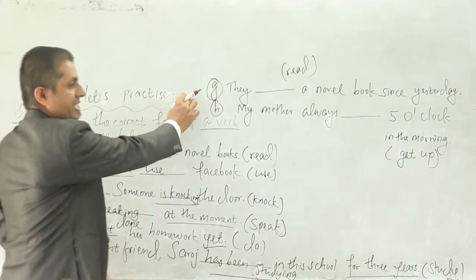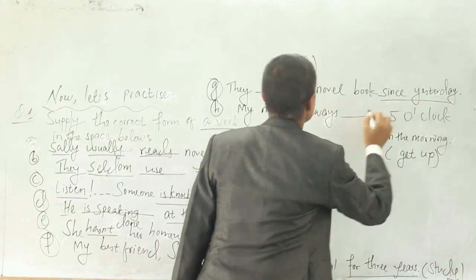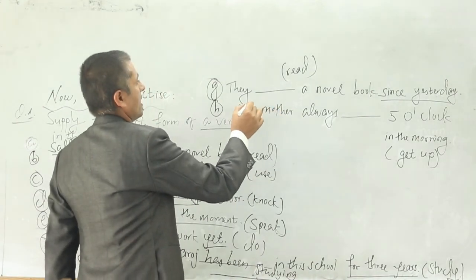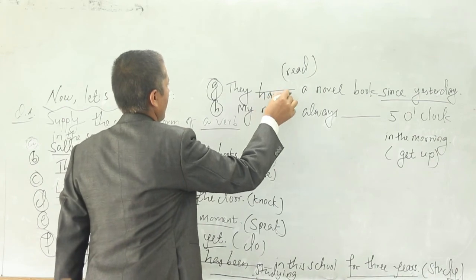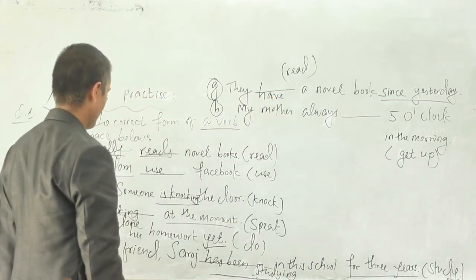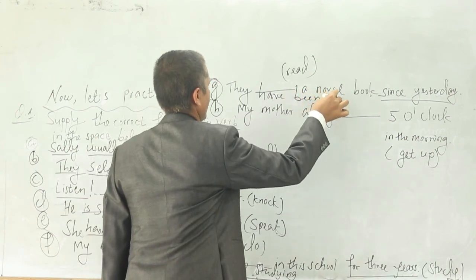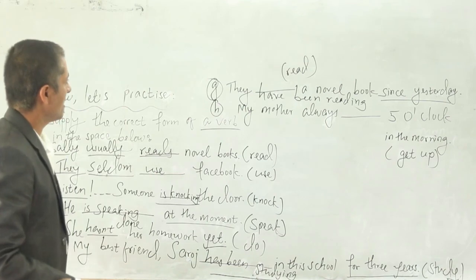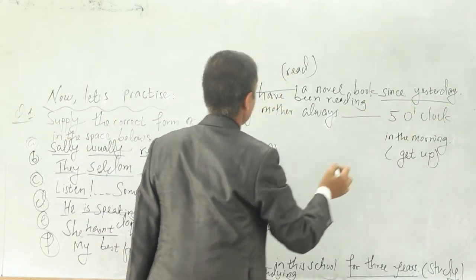Now let's have a look at number G. They dash since yesterday. This is the point of time, the starting time given. So they had been reading, R-E-A-D-I-N-G, a novel since yesterday, because it is since plus the starting time, yesterday.